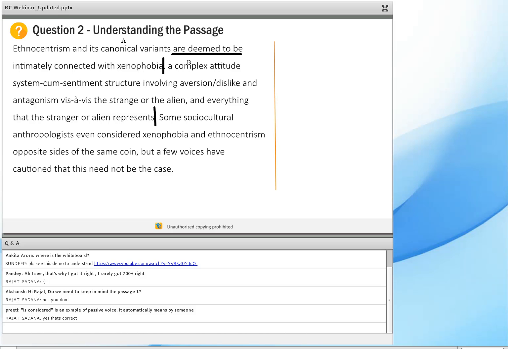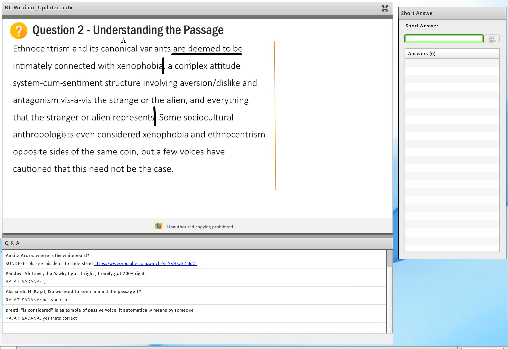Not just from a content standpoint, but what it represents. I'm going to put in my short answer pod very quickly, but I'll give you time to think. What's the difference between part A and part B?